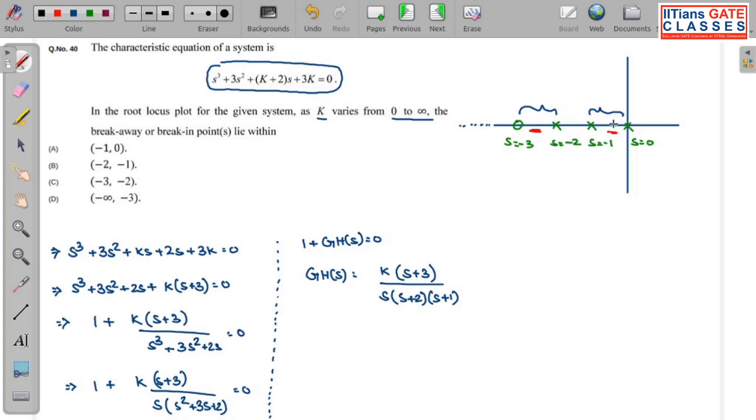Now tell me one thing very clearly. When does a break-in point occur and when does a breakaway point occur? Think. A break-in point occurs when there are consecutive zeros in the real axis.